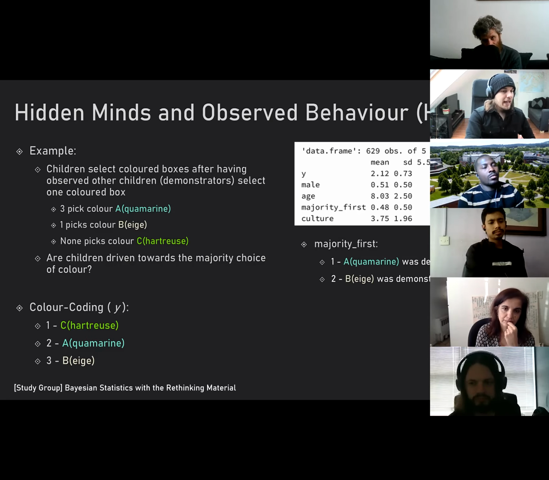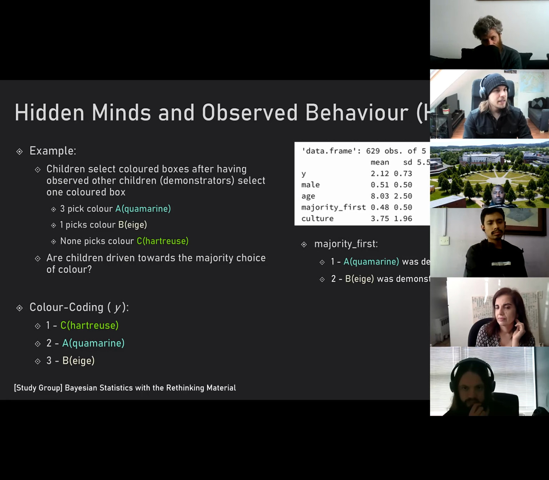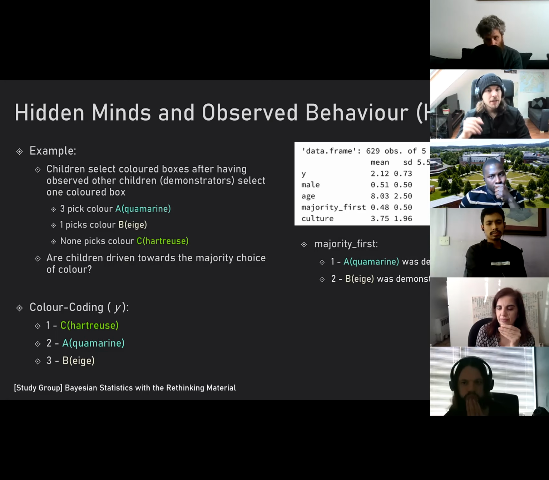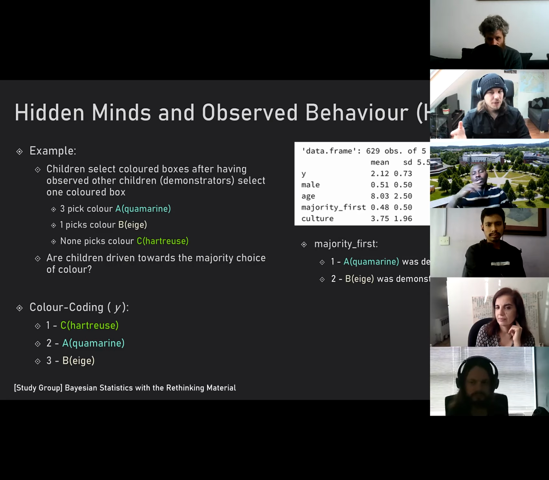Now, in the data set, we have a certain color coding. Color index 1 is chartreuse, the color that none of the demonstrators picked. Color 2 is aquamarine, which is the majority color, and color 3 is beige, which is the minority color. We also have another variable, which is called majority first, where the value 1 indicates that the majority color, aka aquamarine, was drawn first, and 2 indicates that the minority color was drawn first.